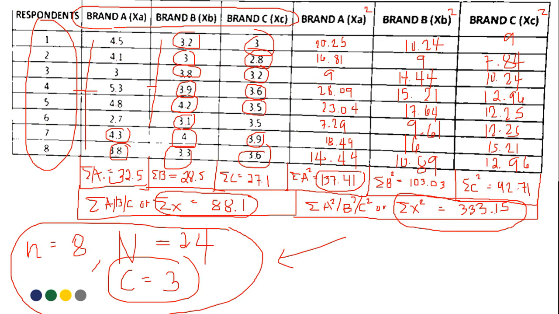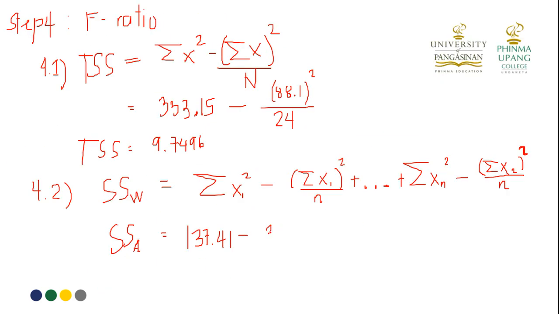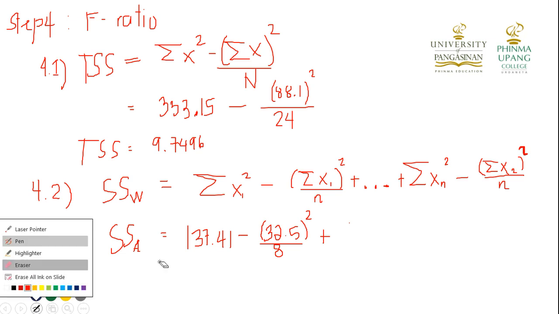Ito yung x sub 1 or yung A. Kasi x sub A, pwede siyang maging x sub 1. So, 32.5. So, 32.5 all over 8. Tapos, squared natin. Yan. Tapos, plus natin C, yung pangalawa. So, isa-isayin na lang natin.